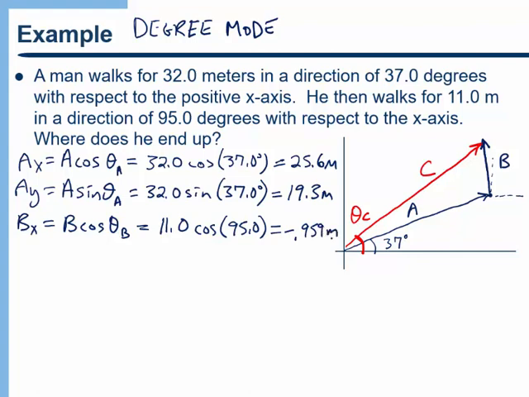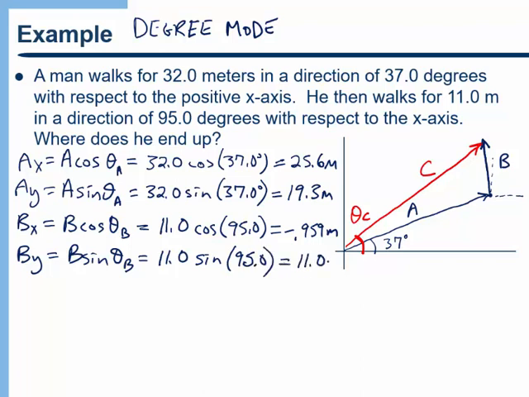It's both negative and small. BY is B sine theta B. And when you take 11 sine of 95 degrees to three significant figures, you're just going to get 11 meters. And again, that makes sense because this vector is almost completely vertical.